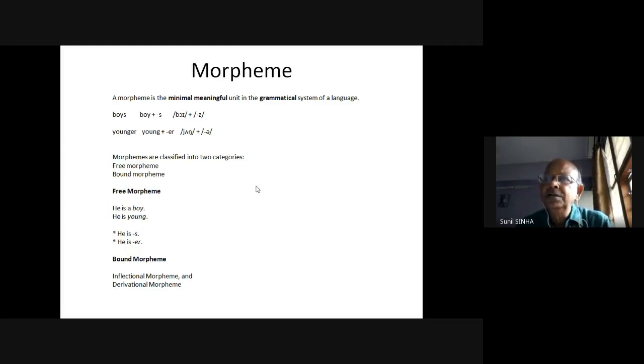B, p, or k, or z, or s, they do not belong to the grammatical system in the sense that they are not noun or adjective or verb or adverb, right? But here, boy is a noun. Similarly, young is an adjective.